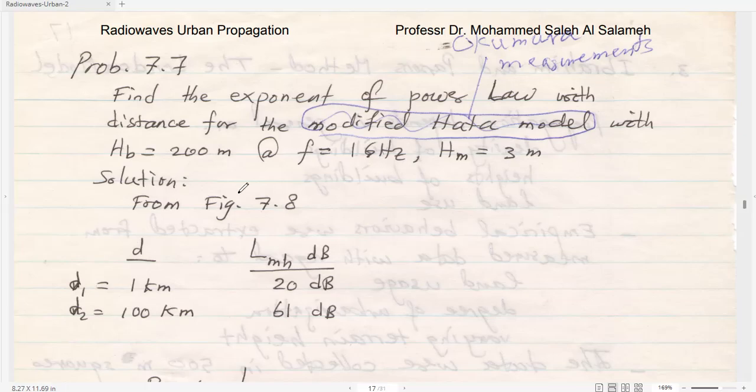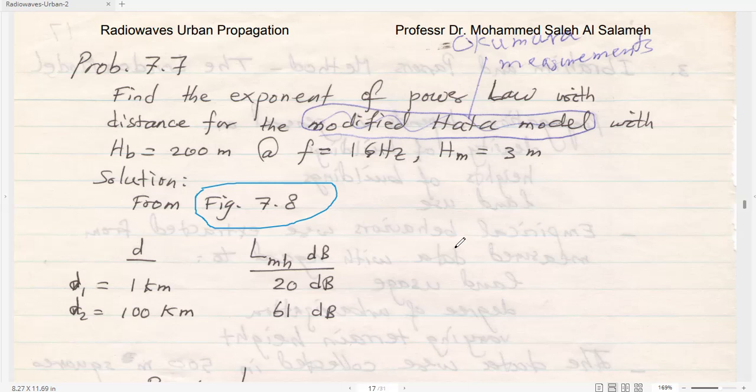We use figure 7.8. So we have the frequency of 1 gigahertz, the mobile height is 3 meters, and the base station height is 200 meters, and we want to find the exponent of power law with distance.